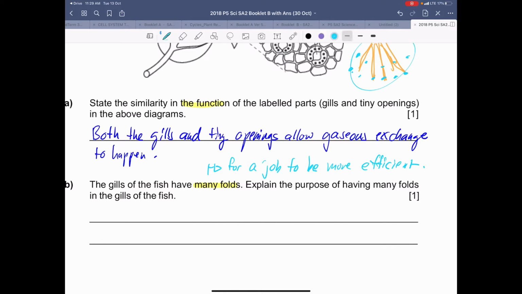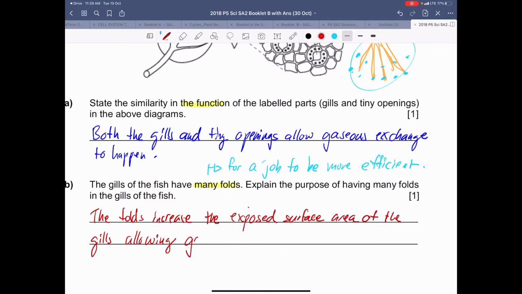So I would say something like this: the folds increase the exposed surface area of the gills, allowing gaseous exchange to happen at a faster rate.